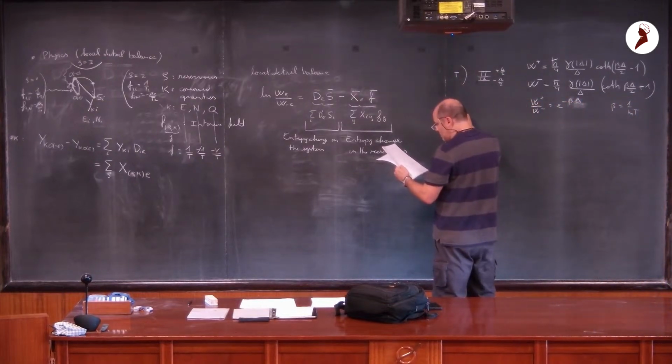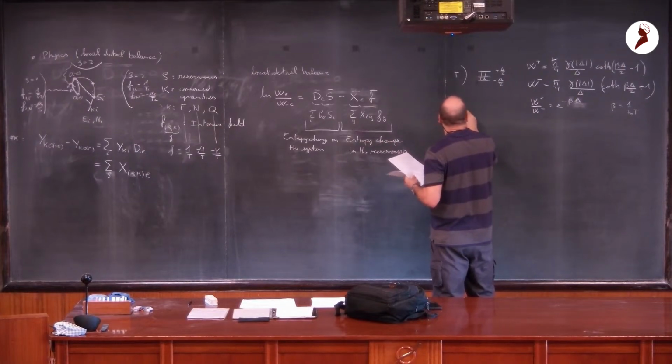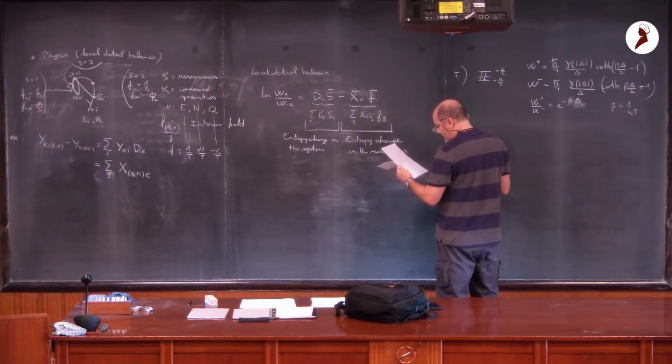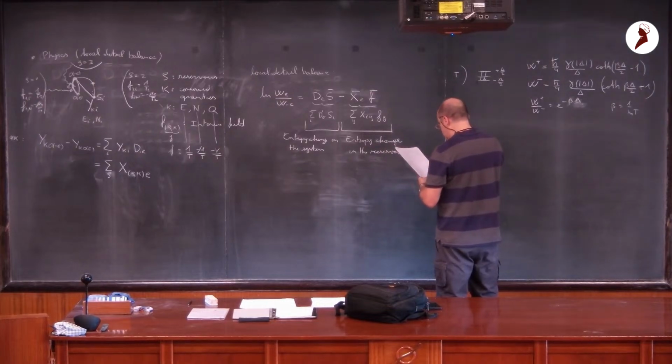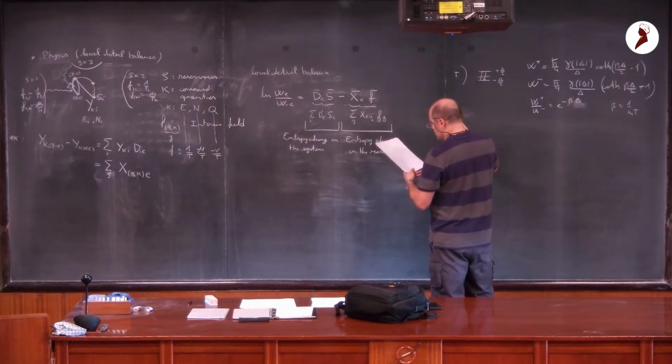Another example, you can take Arrhenius rates. Well, let me first do Fermi rates because they are closer to those ones. So this you can check.